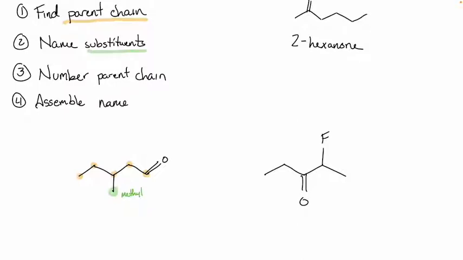Now I need to number my parent chain. And this is the bit with aldehydes that we need to make sure that we're really good about. Always putting that carbonyl carbon as carbon 1, right? I'm not going to bother numbering both ways like I will with my ketone because I know already that this right here is carbon 1. Let me actually use a different color.